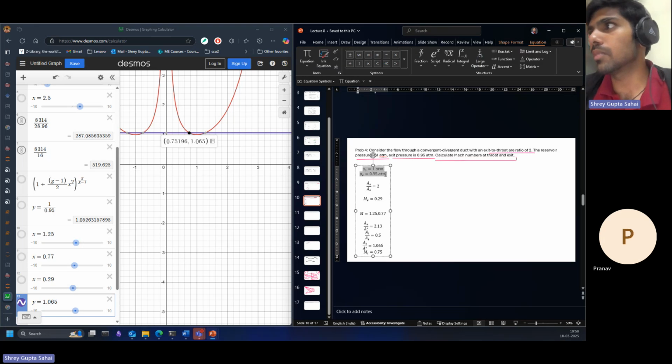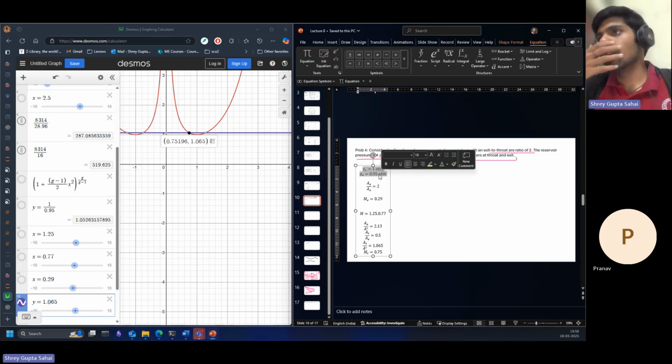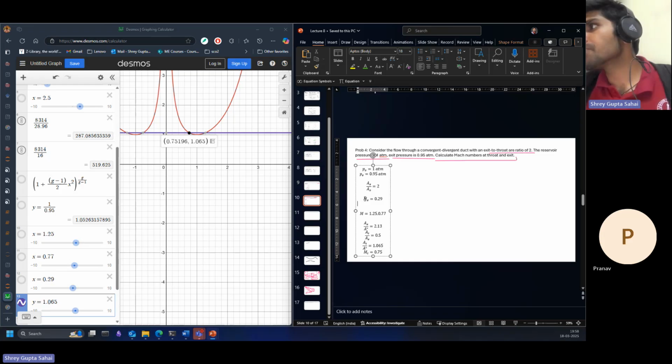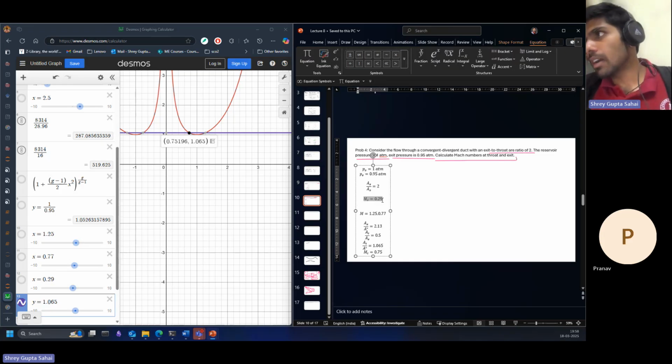Pressure ratio is driving the Mach numbers. We find the Mach number at the exit using the pressure ratio, and it has to be subsonic in the entirety of the nozzle. So Mach number at the exit is 0.29. For this Mach value, the area ratio is 2.13.